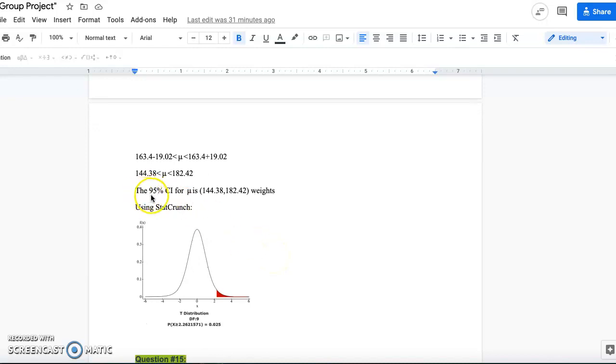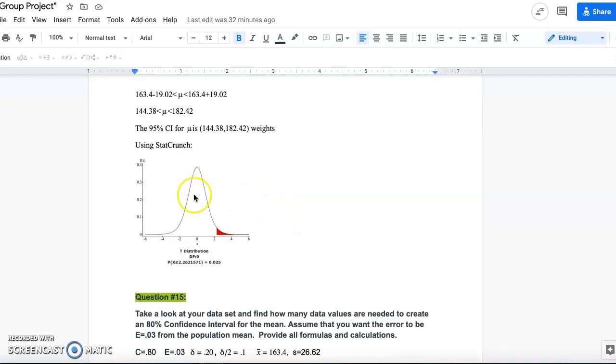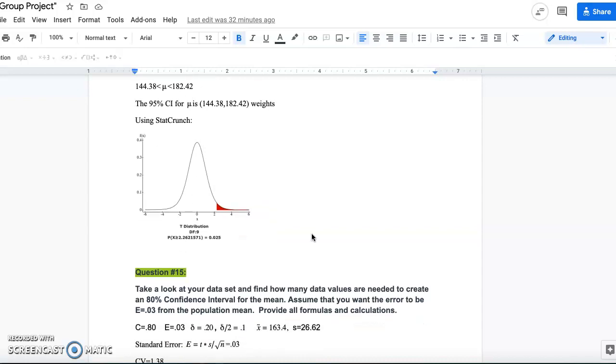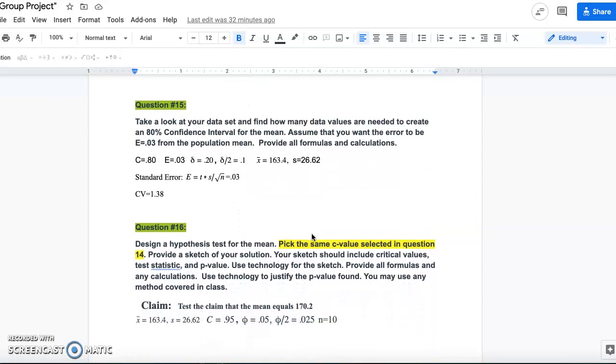And so I put the 95% confidence interval for mean is 144.38 and 182.42 in weights. And then this is my picture that I did for the critical value.